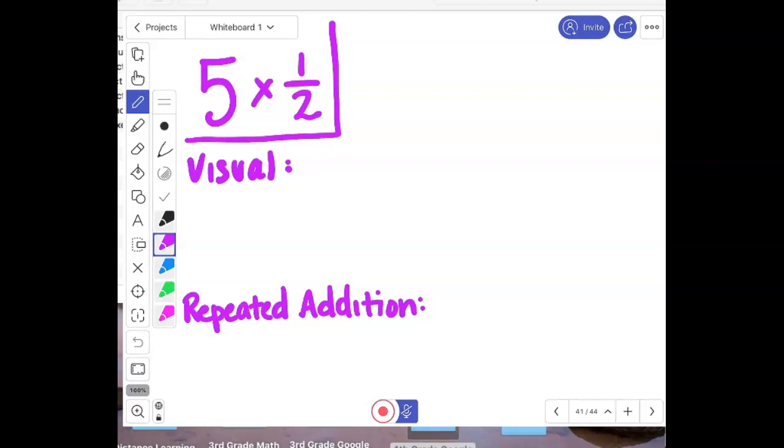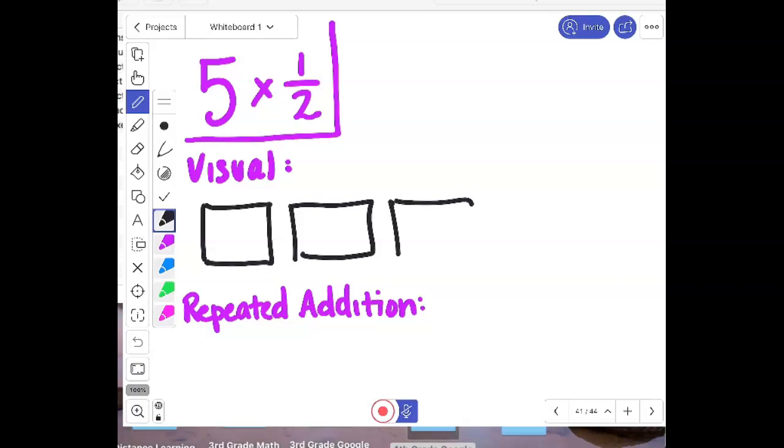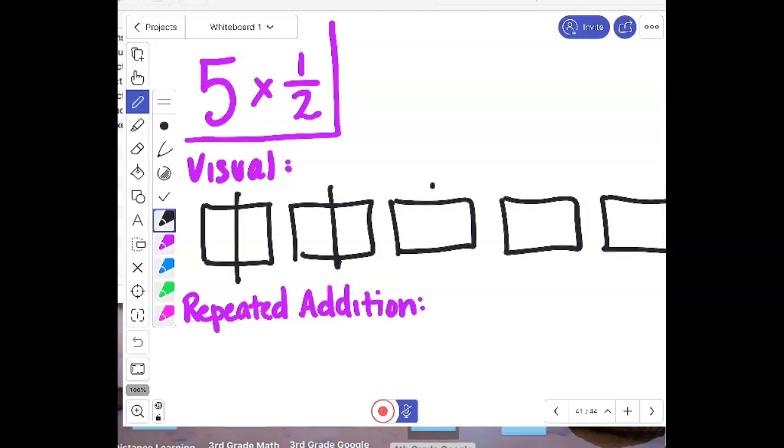So if I need to solve 5 times 1/2, if I need a visual for that, I might draw 5 squares, each broken into a half. 5 squares, each broken into halves, and shaded 1/2 of each.